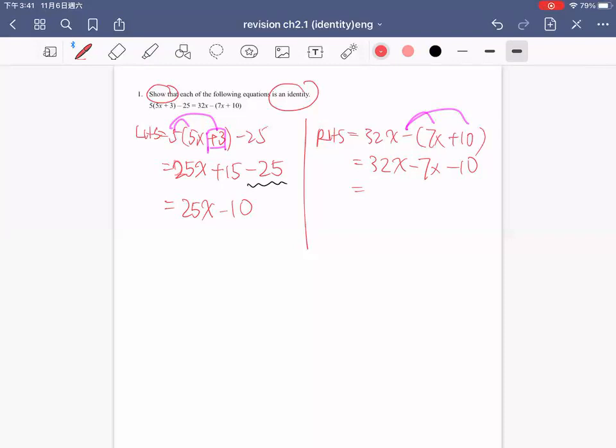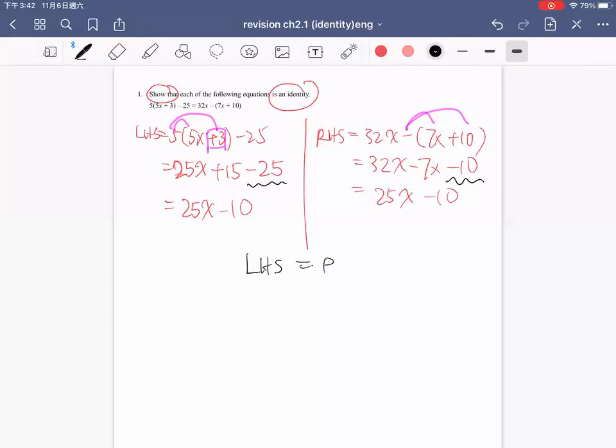X is dollars, right? Or a pen, pencils, or you just use a calculator. 32 minus 7 bracket x, so that gives you 25x. Copy. Okay, copy the negative 10.